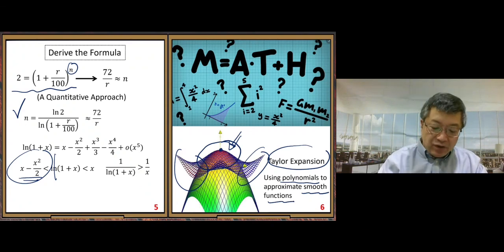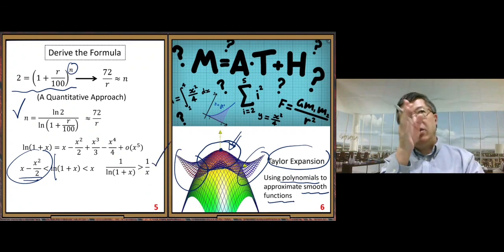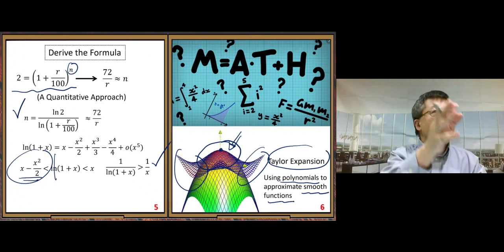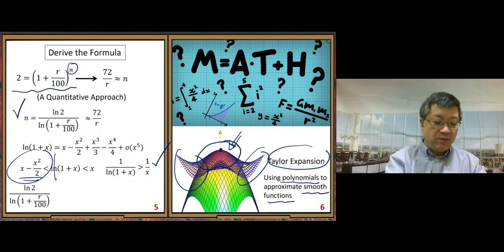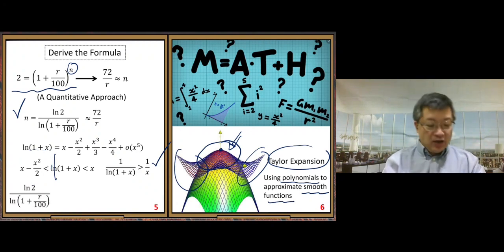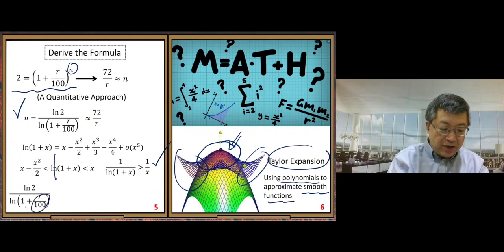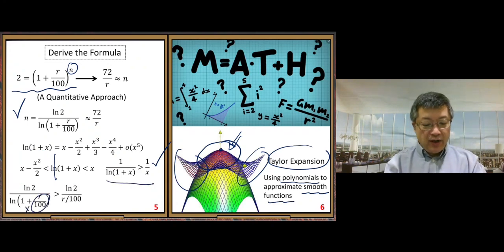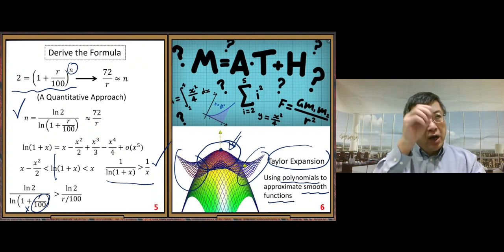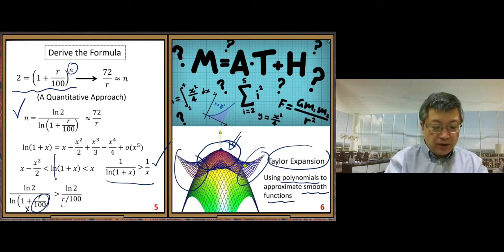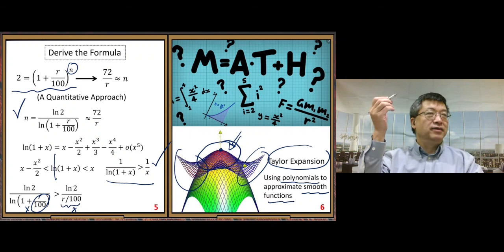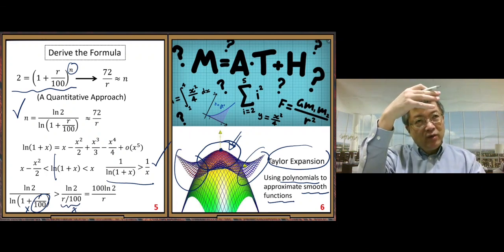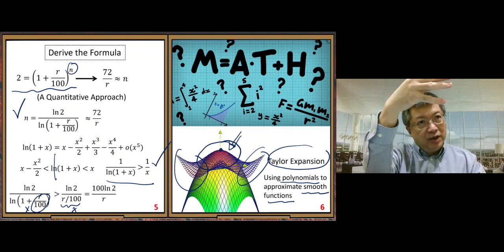After we get this inequality, now we are ready to approximate this original formula. So we treat this fraction as x. By this inequality, it's greater than natural log of 2 over x. This is x. Then we simplify it. 100 is multiplied to the numerator.